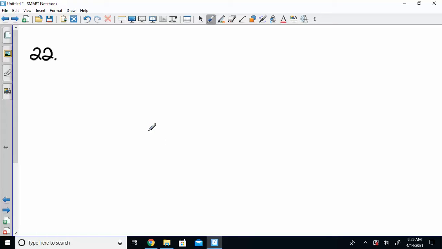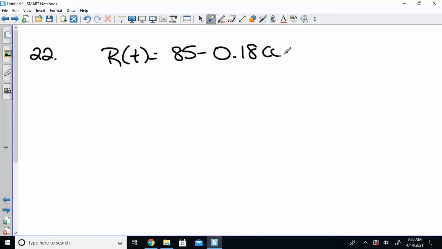So number 22 tells us the model for the basal metabolism rate in kilocalories per hour of a young man is this equation. T is time in hours.